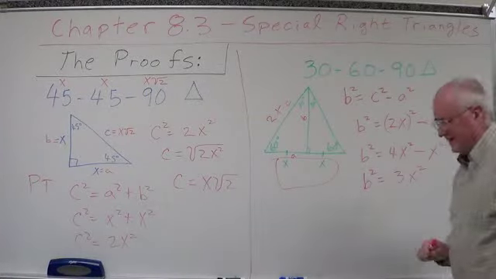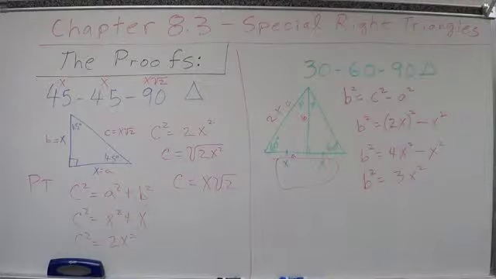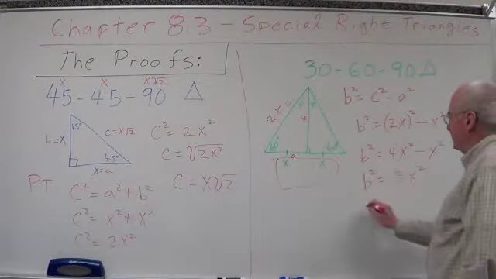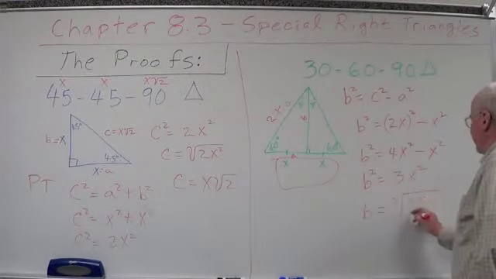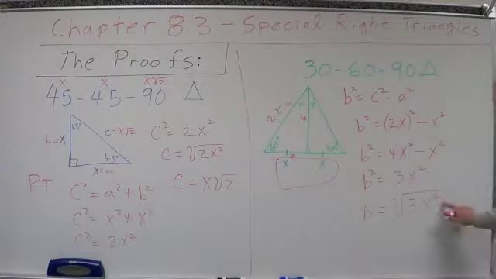Well, 4x squared minus x squared is 3x squared. And again, we're not interested in B squared, we're interested in B. So the square root of B squared is B, and we have to take the square root of 3x squared. What is the square root of x squared? It's x.